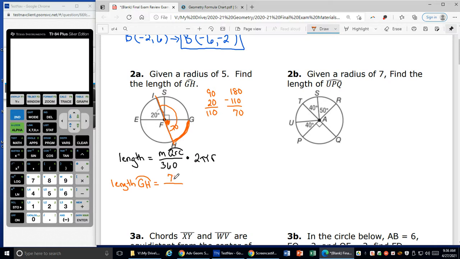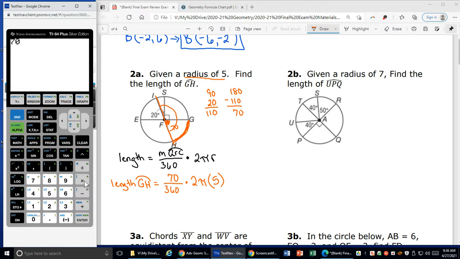So 70 degrees is the measure of the arc out of 360 times 2 pi. And then my radius, it says, is 5. Okay, I'm going to put this in the calculator just like this, but I'm not going to put the pi in. So I'm going to do 70 divided by 360 times 2 times 5.